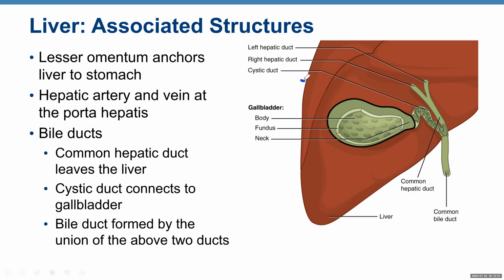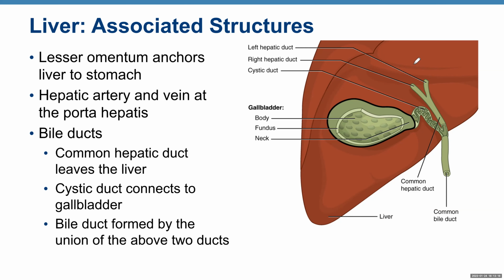So the liver has many functions in your body. It synthesizes most of the proteins of your blood. It stores glycogen. But the function of the liver that is related to the digestive system is production of bile. And you need bile to assist in digestion of fats.